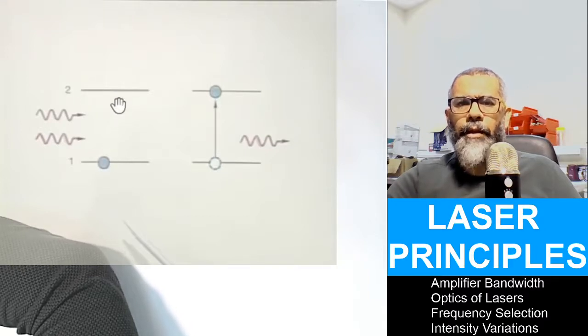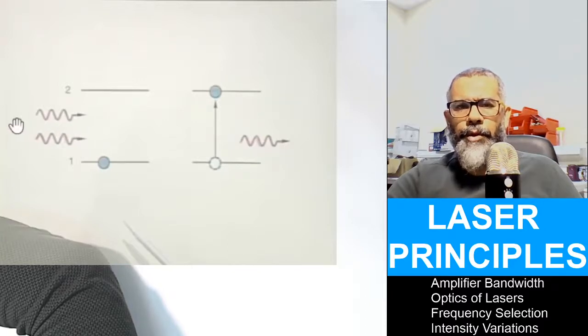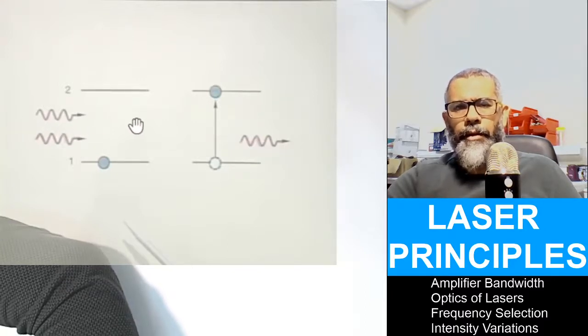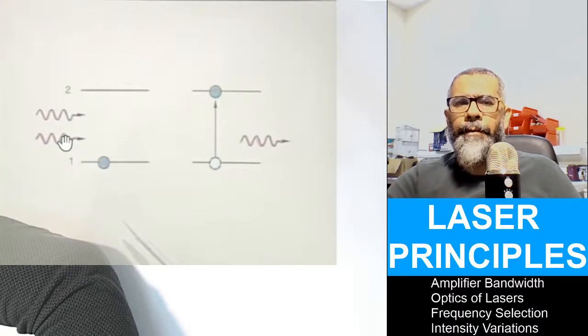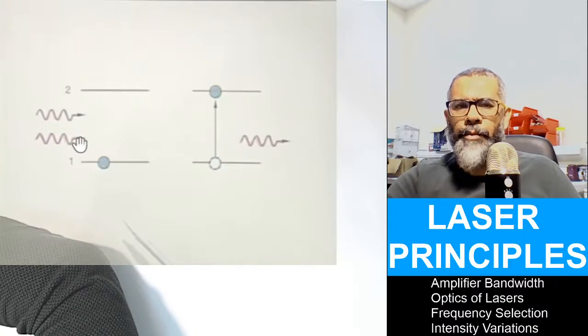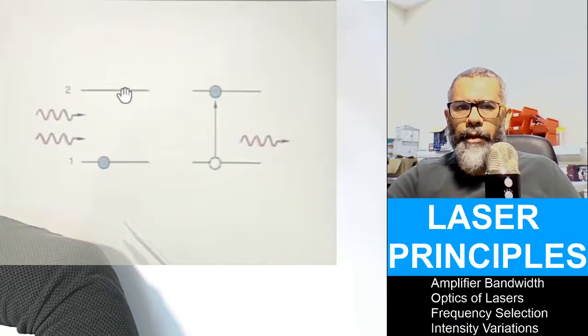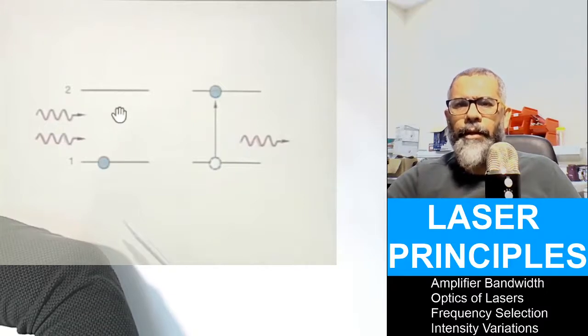If this is the case, then when these photons pass by the atom, which is in the ground state, since the energy of one of the photons is just enough to bring the electron to the upper level, it does.